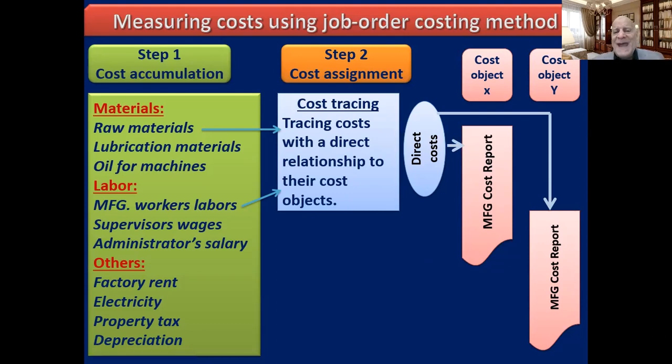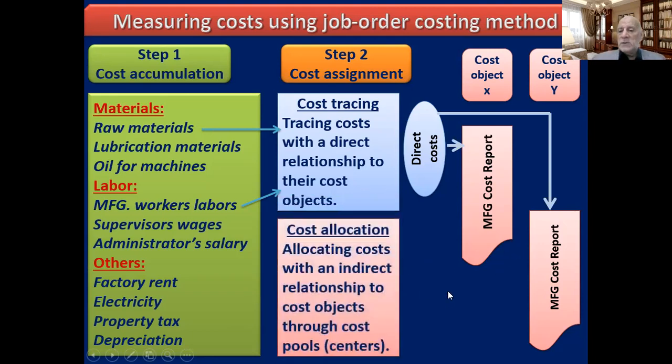But we have other cost items which are not traceable. We cannot trace these cost items to determine exactly the amount used in each job. So the second group includes non-traceable costs. Non-traceable costs will be called indirect costs.